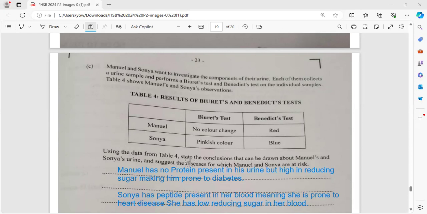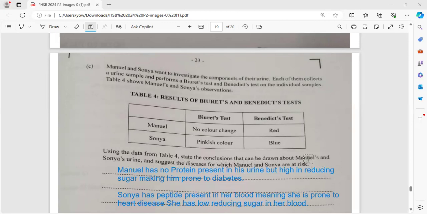Because this question says, state the conclusion that can be drawn from the test and suggest the disease which Manuel and Sonia are at risk of. So possibly, because there's a high reducing sugar, he could be prone to diabetes. Sonia has peptides present, meaning she's prone to heart disease, because then you want to think about protein.